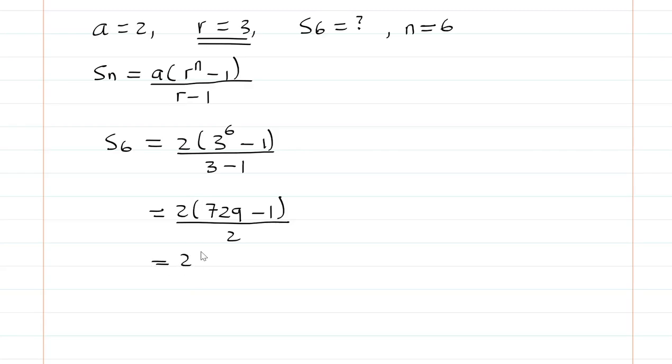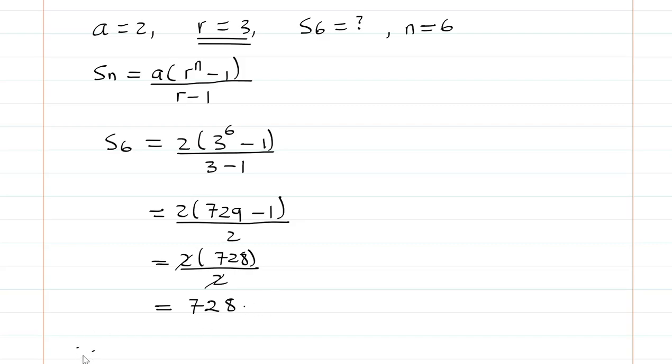We shall have 2 into, subtract 1, 728 out of 2. And then there are two options. 2 and 2 can cancel and you have 728, or you can start by multiplying 2 times 728, you get the answer, and then you divide by 2, you get the same answer. So let me just simplify from here. Our answer becomes 728.